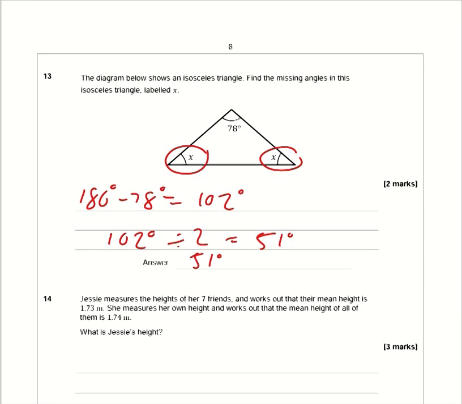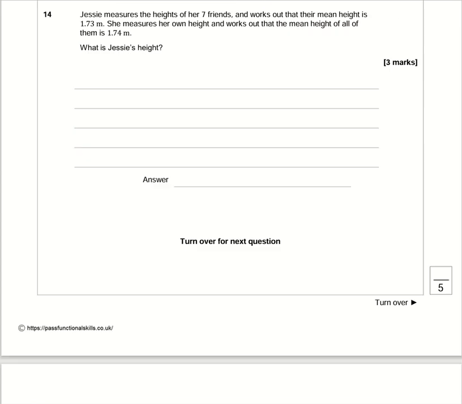Okay, question 14. Jesse measures the height of her 7 friends and works out that their mean height is 1.73 meters. A lot of people are going to struggle with this, but whenever you see the mean given, what you need to do is work out the total. The total anything is the mean multiplied by the number of values.